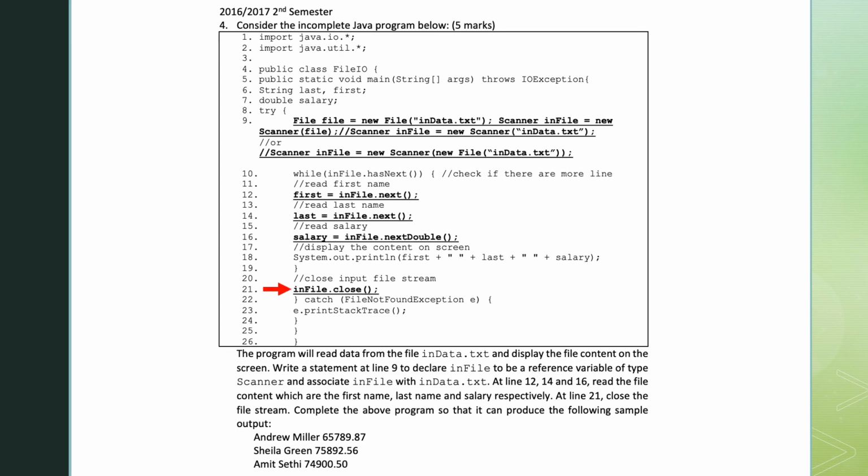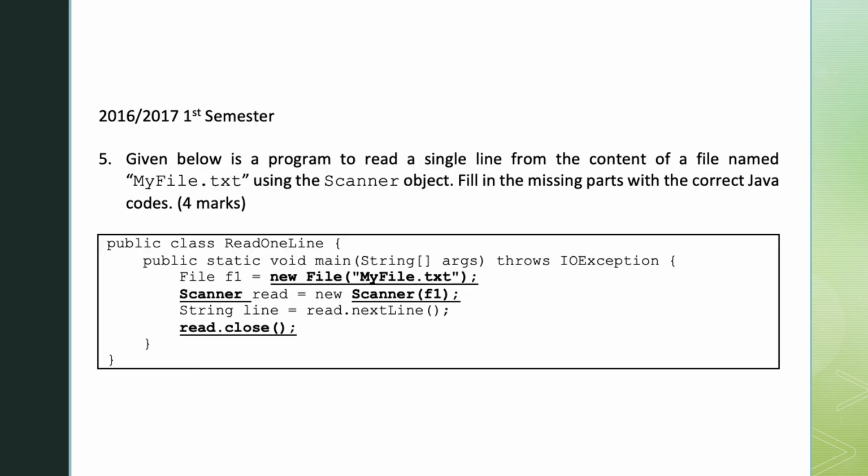The last part, at line 21, close the file stream. So you would write infile.close(). Question 5. Given below is a program to read a single line from the content of a file named myfile.txt using the Scanner object. Fill in the missing parts with the correct Java code. This is similar to the previous question, but much simpler.